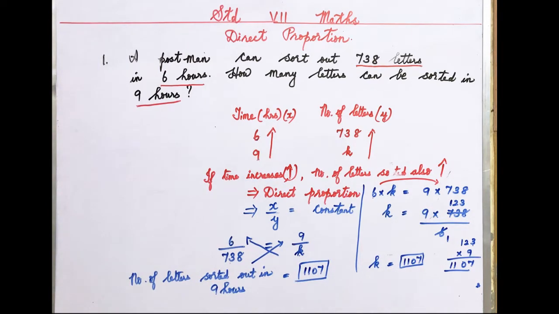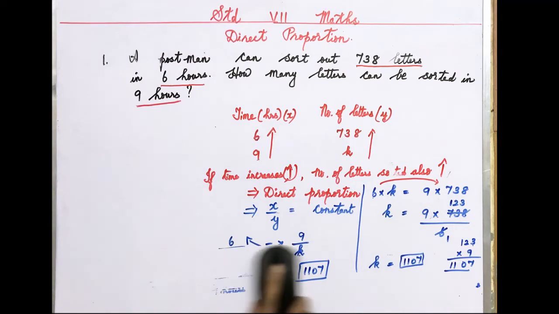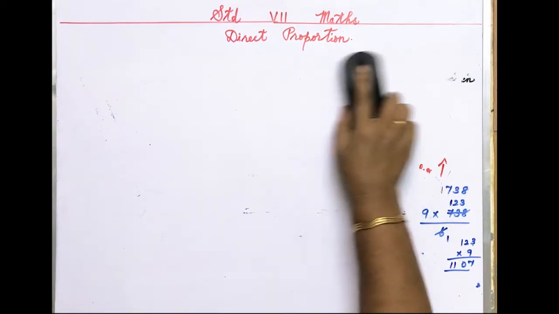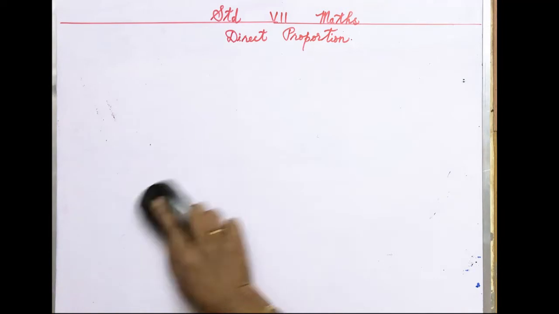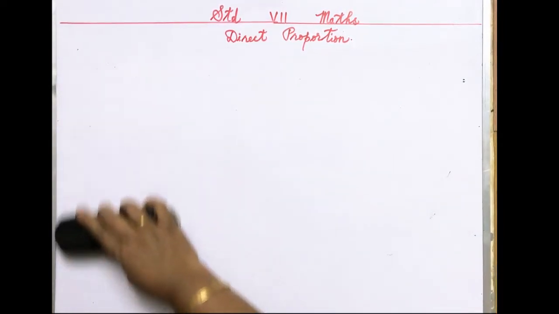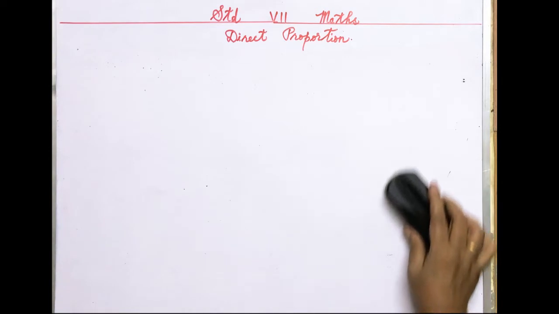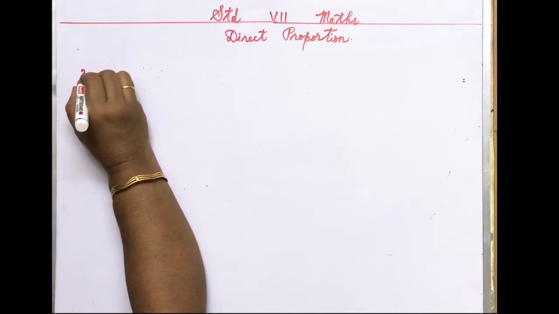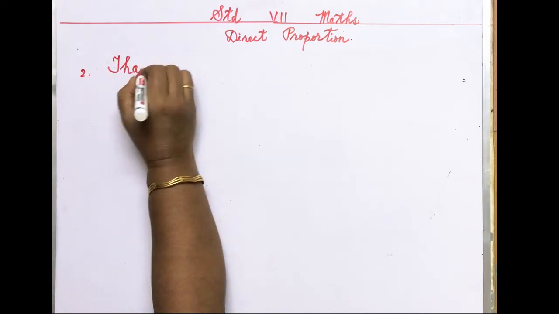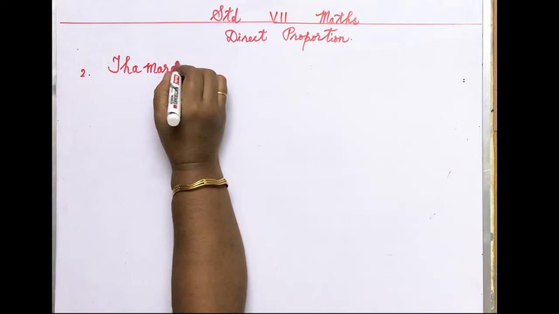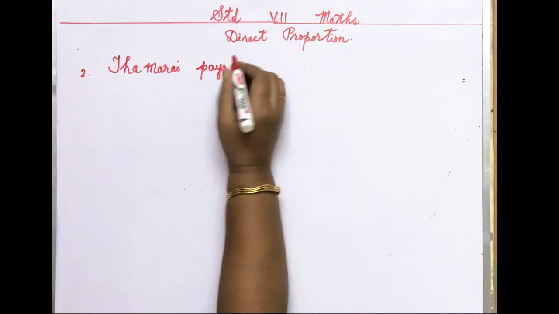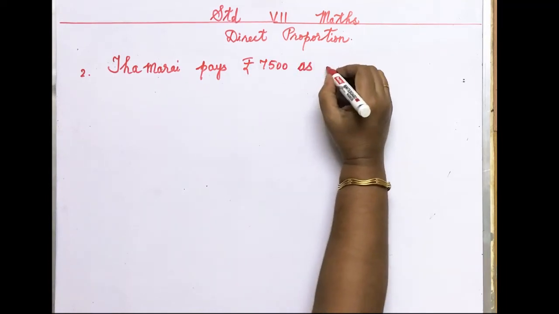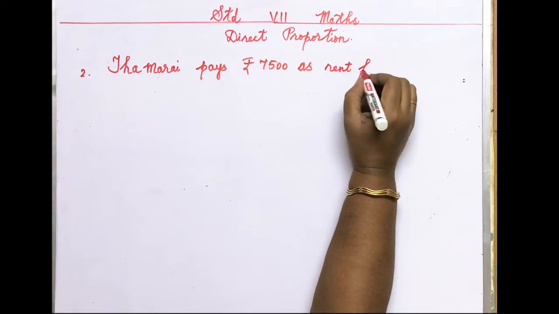Now we shall do the next sum. Now the second sum is: Tamarai pays rupees 7,500 as rent for 3 months.